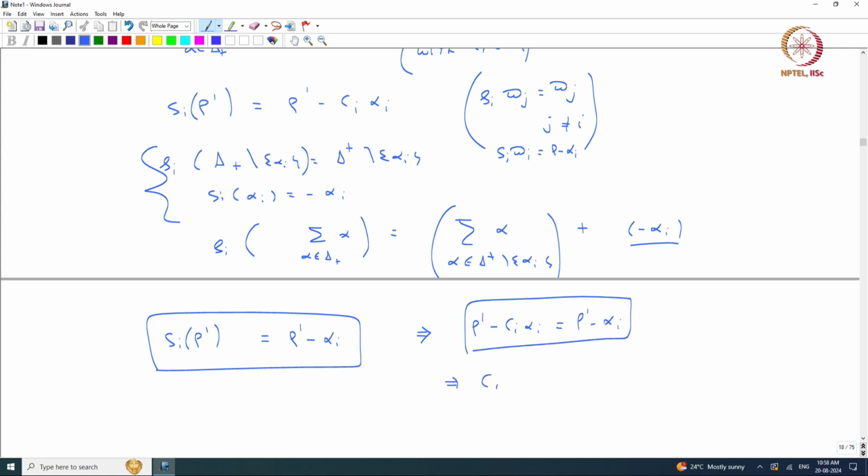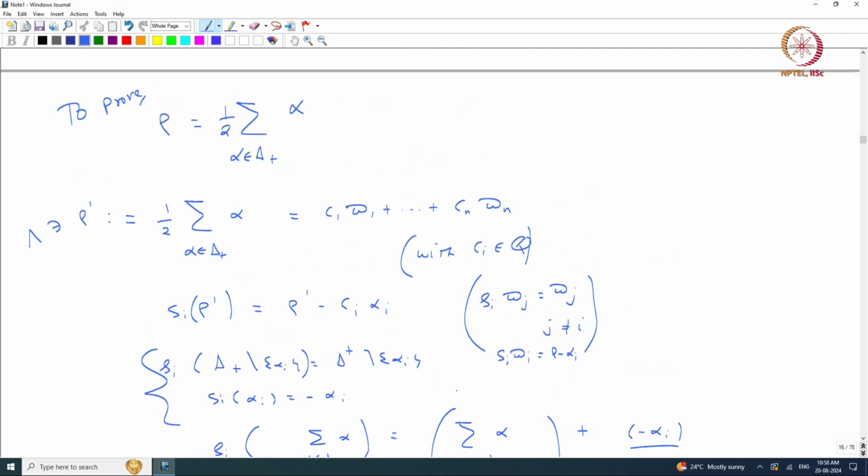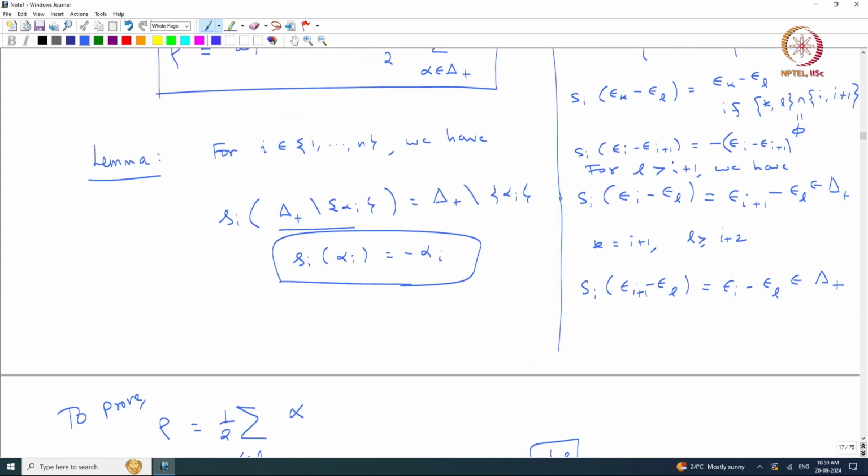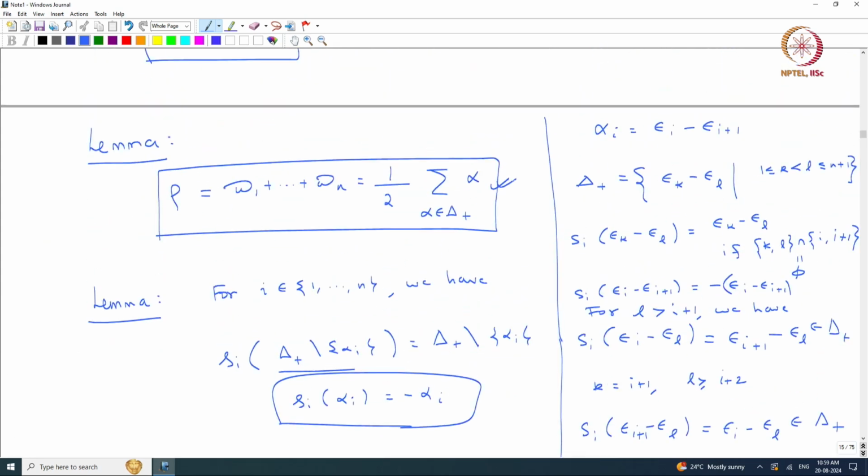So, that implies c_i equal to 1, and this is true for all i. So, if you go back to our rho dash expression, you can see that this forces rho dash to be exactly equal to rho. So, rho dash equal to rho. So, this proves that the Weyl vector can be written as half the sum of these positive roots.